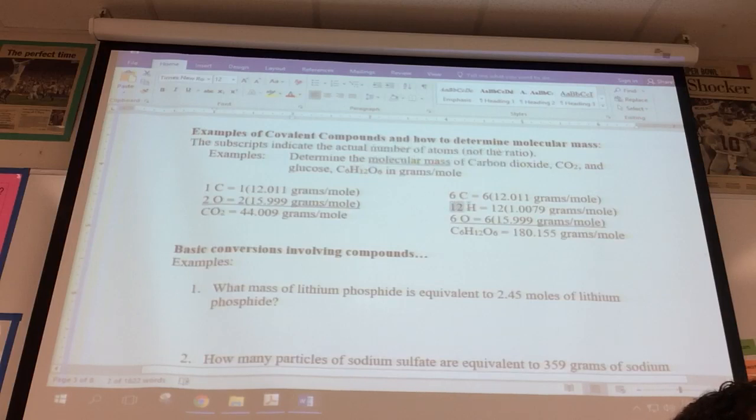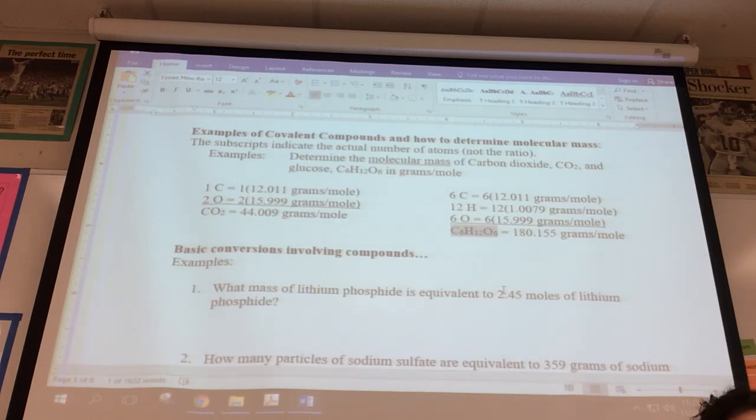H12, you have 12 hydrogen. O6, you have 6 O's. And then you add all of this together. Molecular mass for a covalent compound for carbon dioxide is about 44 grams per mole, and for glucose about 180 grams per mole. Same basic concept.